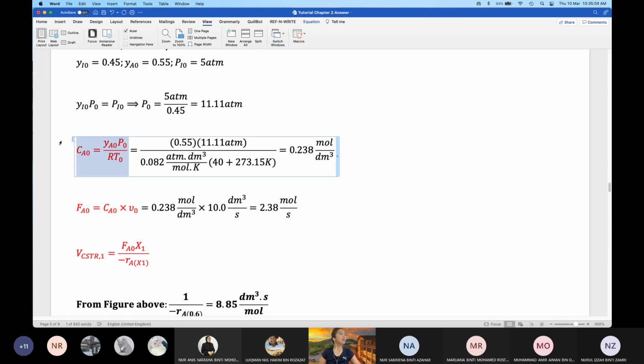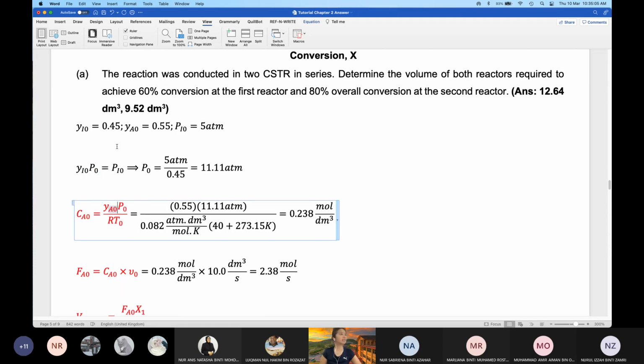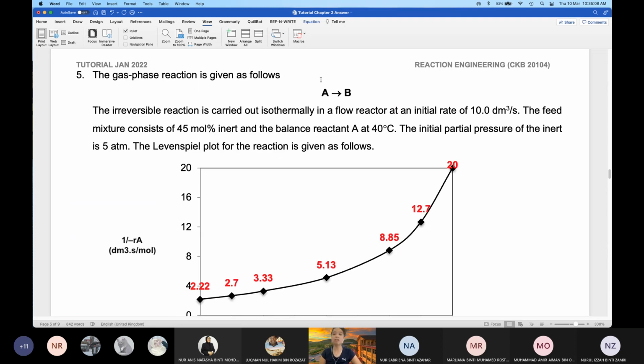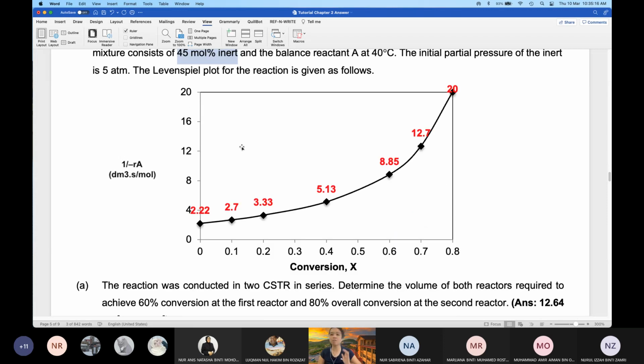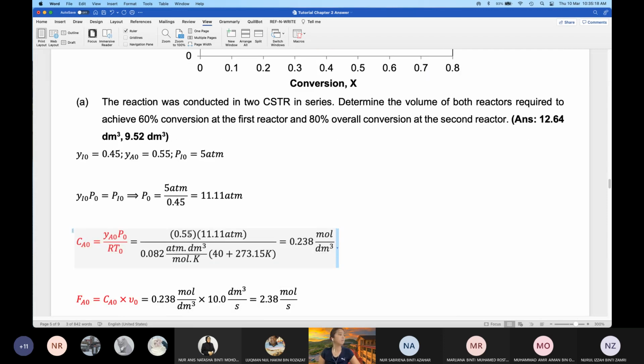Okay. So soalan part ni pula, dia beri kita, they do give us YA0 sebab dia kata 45 mole percent inert. Remainder A. So YA0 0.55. Okay, done. 0.55 tu kita dah tahu. Mole fraction for A is 55%, 0.55.